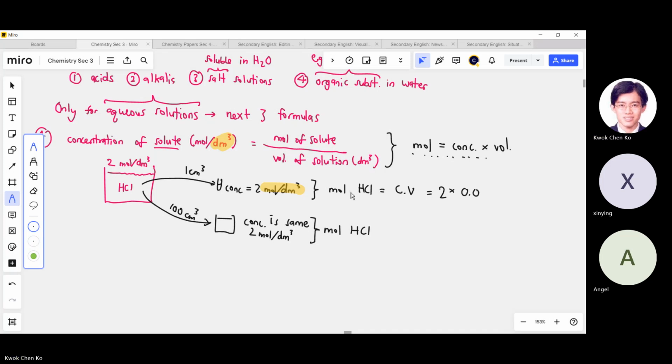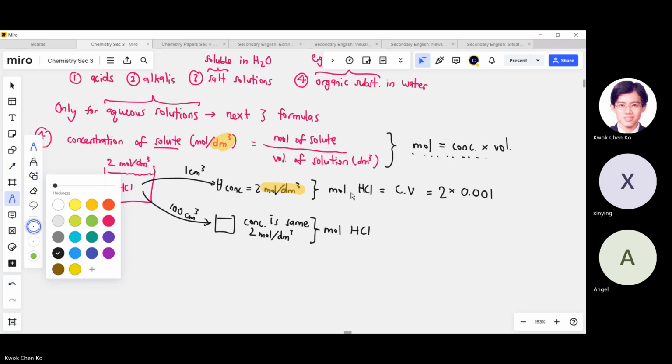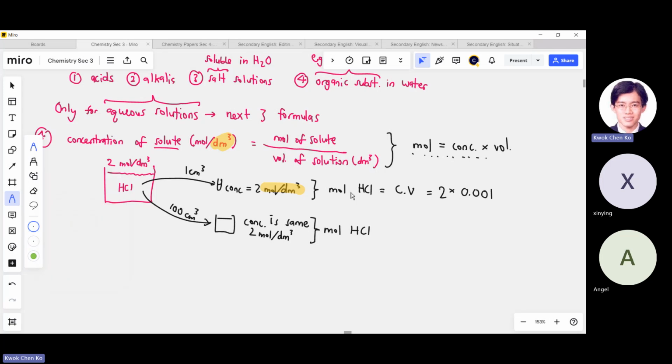Good. In case you didn't notice, 1 cm cube is 0.001 dm cube.